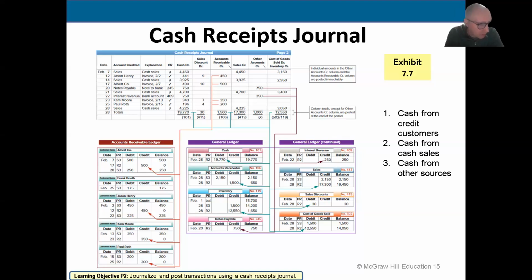Let's say Kim didn't bring the receipt, or the policy says that I can only give you store credit. So instead of giving cash back to Kim, I'm going to say, I'll give you store credit. What store credit represents is a liability for the company.